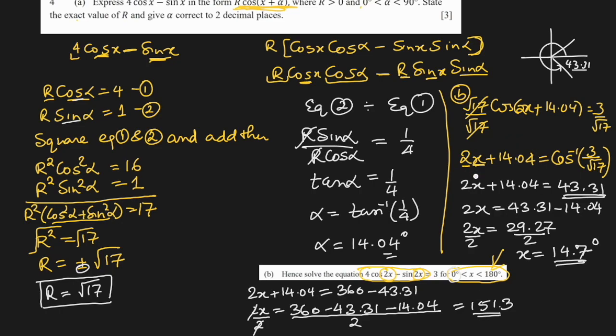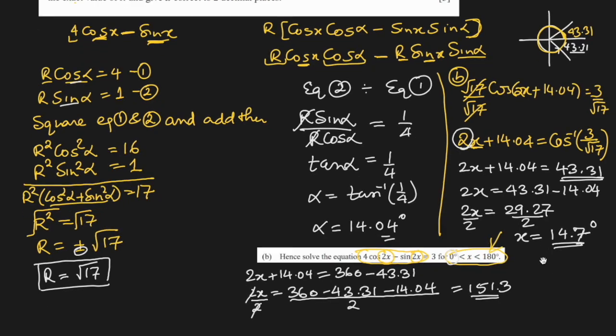Now, since this is 2, I told you this 2 will halve every angle. So we should go beyond the boundaries now. I will go to this angle now. This was 43.31, this one. The second angle we got was 360 minus 43.31. I'm going to the third one, which is 360 plus 43.31, because this 2 will bring me back up to 180. That's what my expectation is. So let me try to do that.